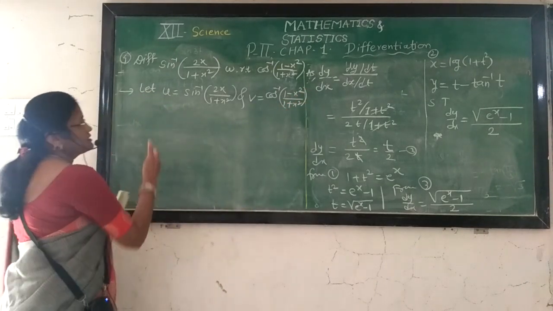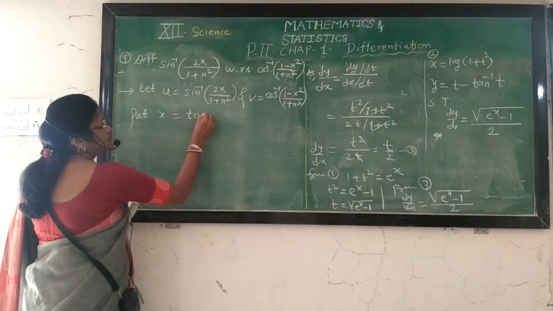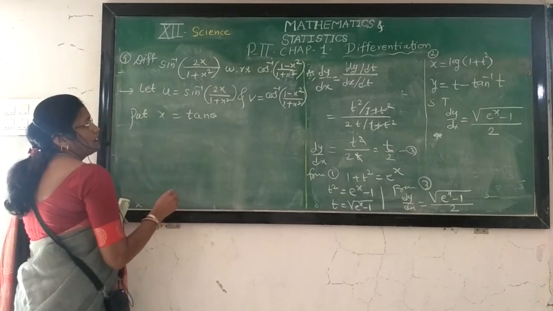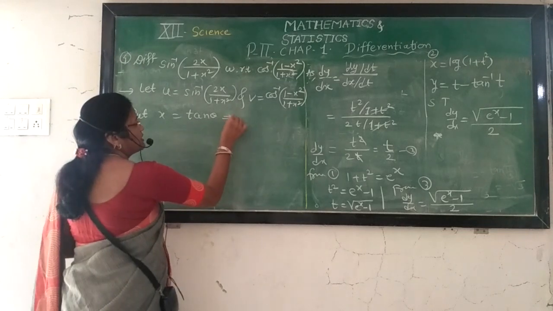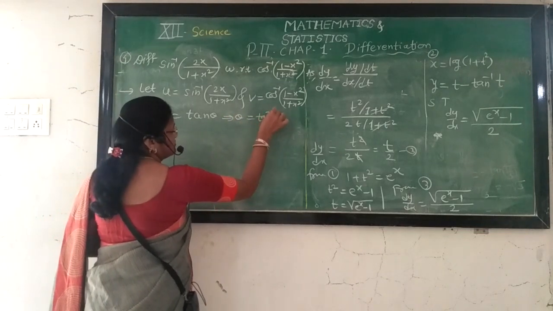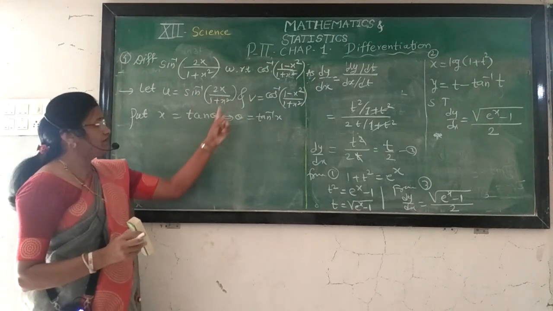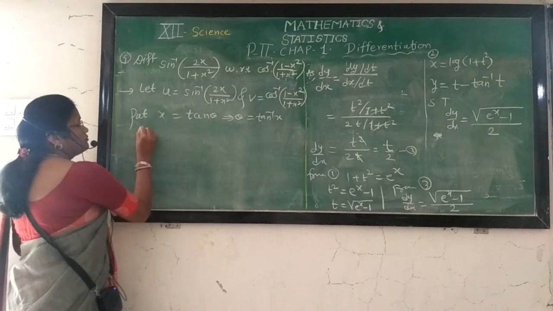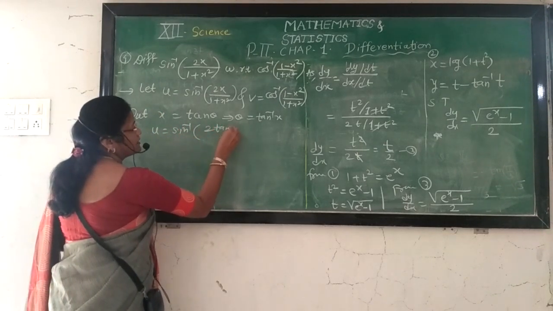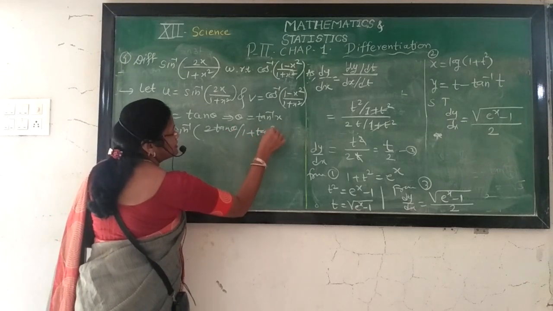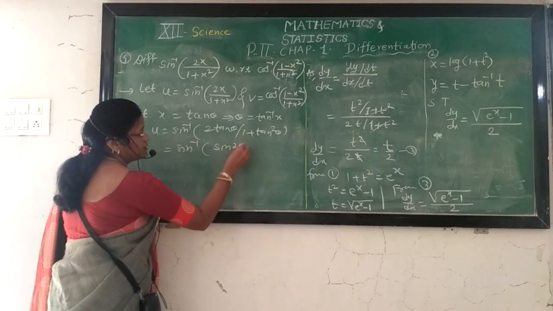Now using substitution, put x is equal to tan theta. As in both cases we take x is equal to tan theta, we never replace that theta as tan inverse x. We may directly take differentiation of both u and v with respect to theta. So by using this we get u is equal to sine inverse 2 tan theta upon 1 plus tan square theta, but that is the result of sine 2 theta.